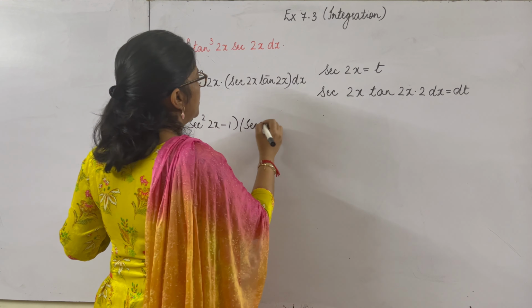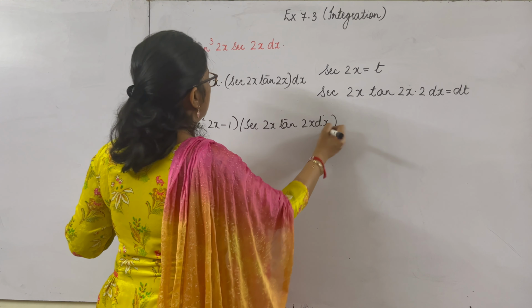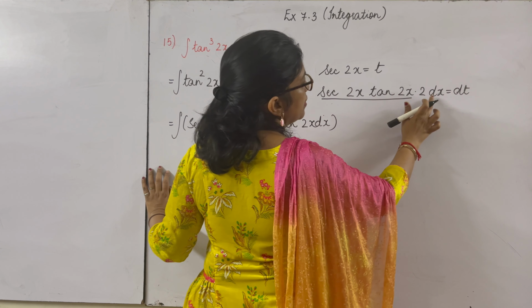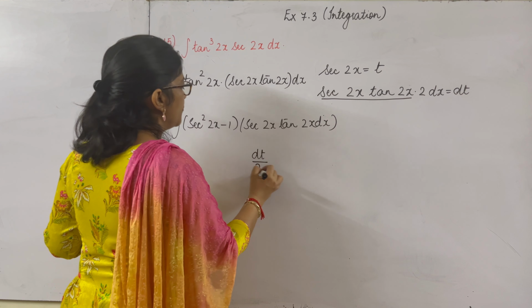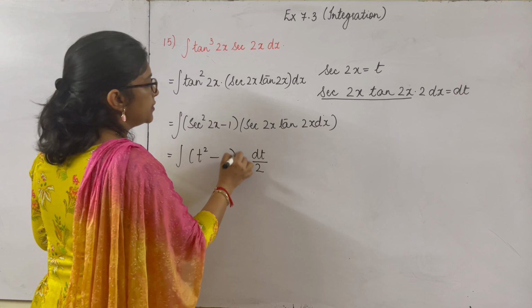Okay, that is the identity we know. So, from here sec into tan dx is dt by 2. So, this term is dt by 2 and this term sec square will become t square.